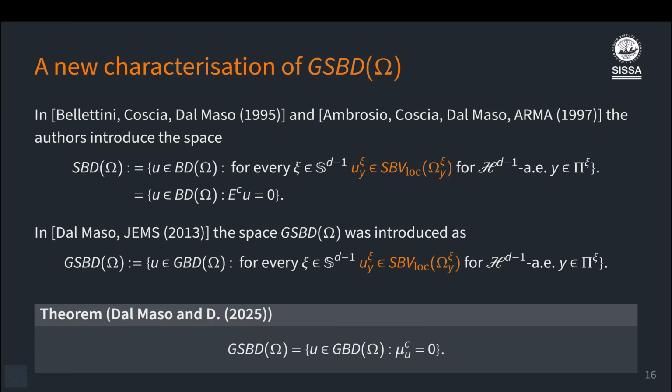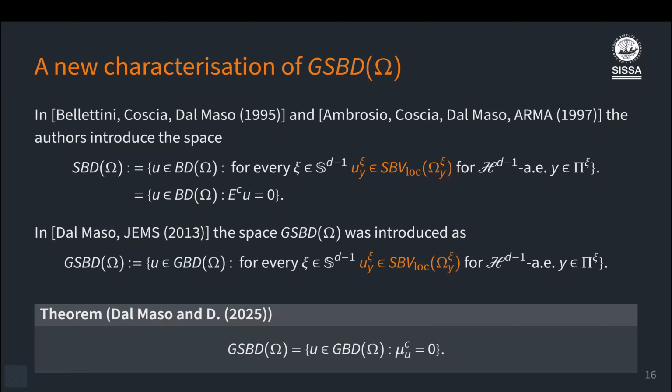This also has some nice applications, because if this is asking you to check something for every vector psi in the unit sphere, this allows you to pick just a finite number of them. So if you're able to check that in a finite number of directions your slices don't have a Cantor part, then you're good to go.